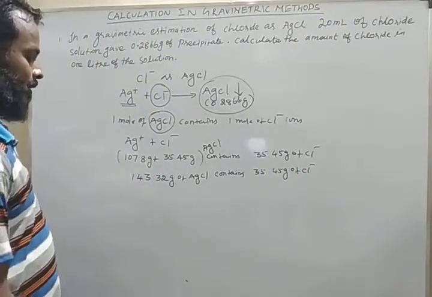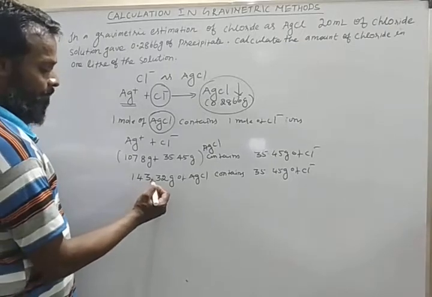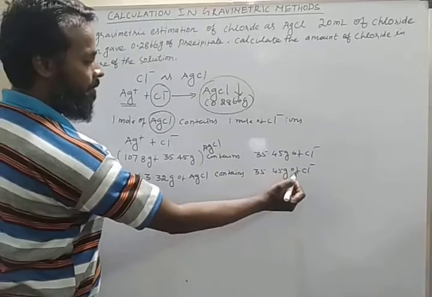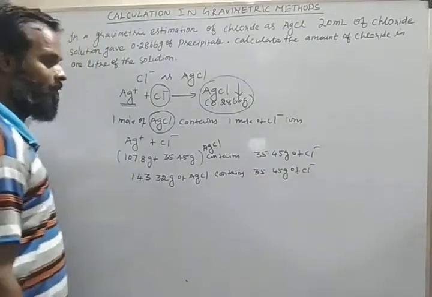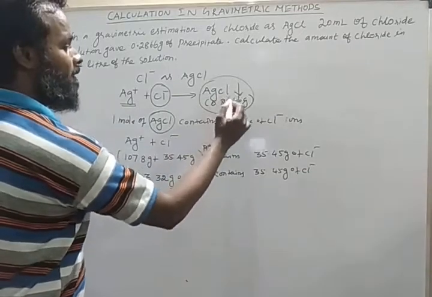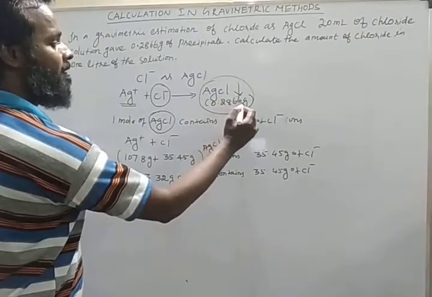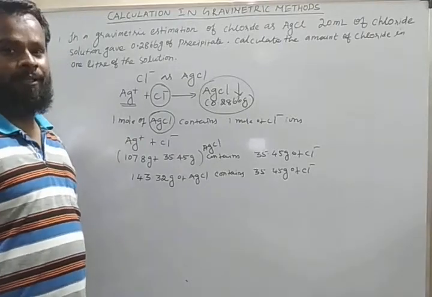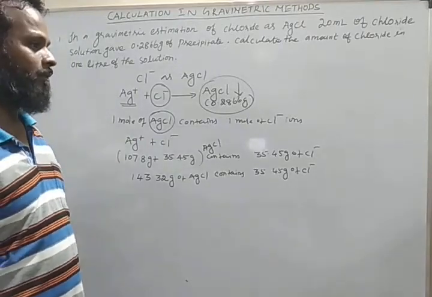If 143.32 gram of AgCl contains 35.45 gram of chloride ion, then how much chloride ion is present in 0.2866 gram of AgCl precipitate? That is what we are going to find out.